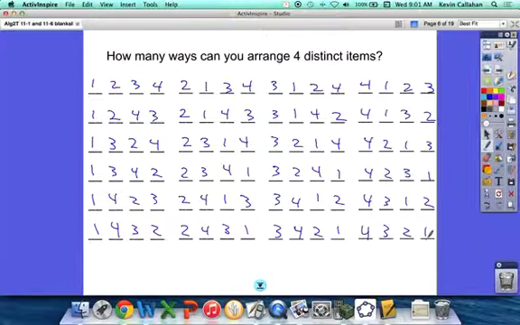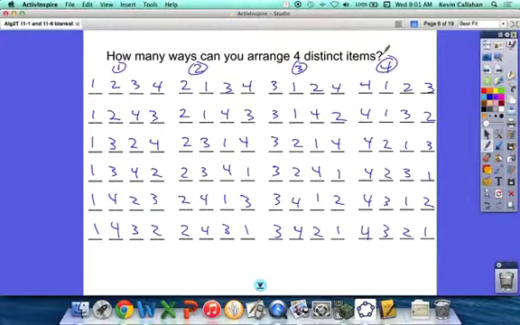So we figured out how many total there'd be for 1 in the first position, 2 in the first position, 3 and 4. And that's everything. Okay. And the total is, there's 6 in every column, and there's how many columns? 24, right? So there's 4 columns, and there's 6 in every one.